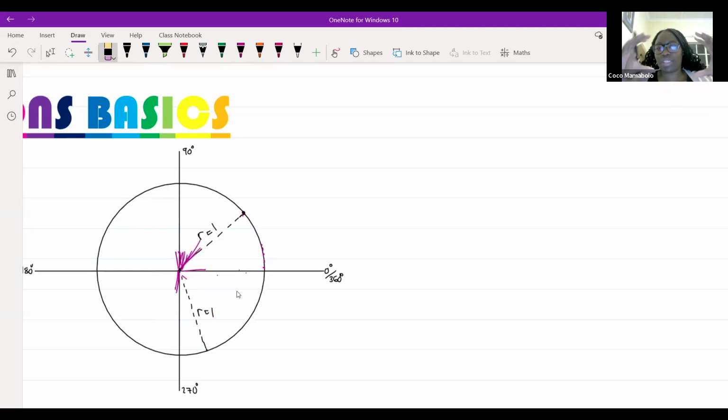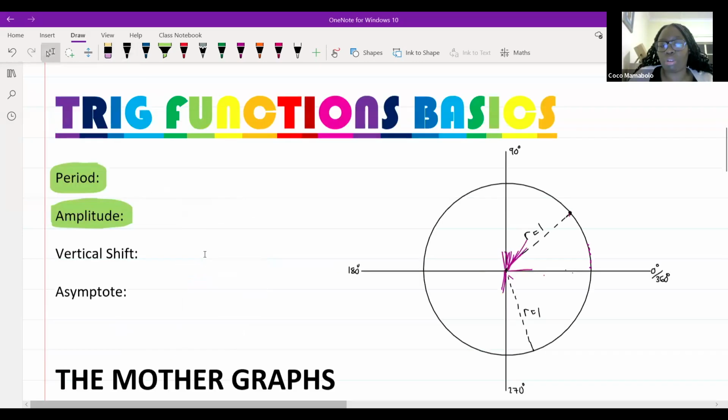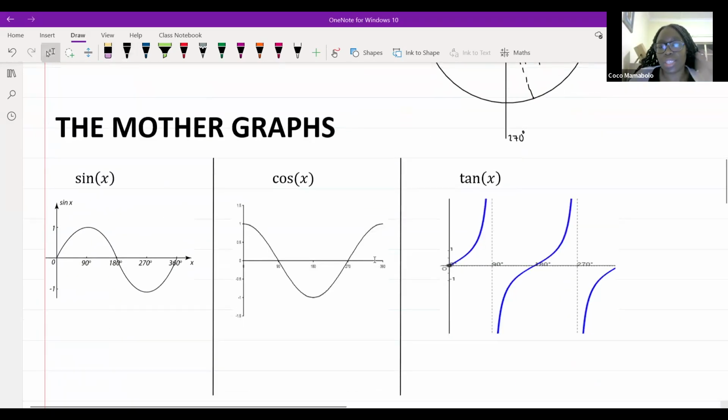So instead of us drawing every single triangle with a radius of 1 around our circle, what we're going to do is take our degrees, and instead of drawing them like that, we're going to draw them out as a straight line. And that's going to give us every single value on a straight line. And thus comes the graph of sine, cos, and tan.